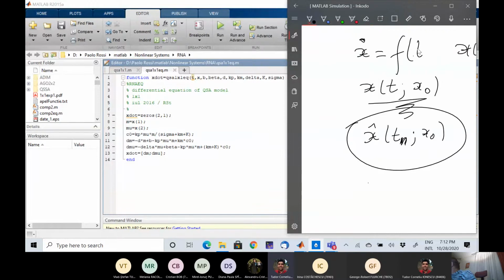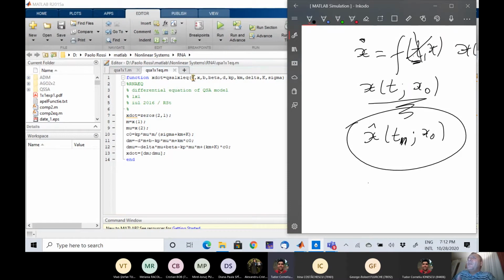This is sometimes possible, that f also depends explicitly on t, so we have non-autonomous systems. But the study of this course refers exclusively to autonomous systems. So the time variable t will not appear explicitly in your formulas, but will stay at the input of the function which describes the equation.